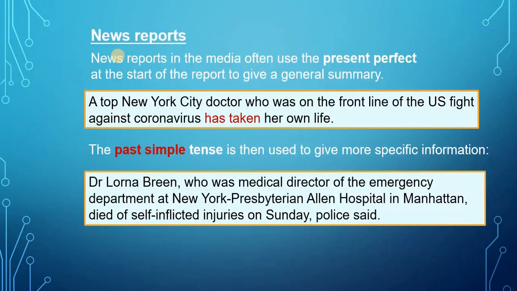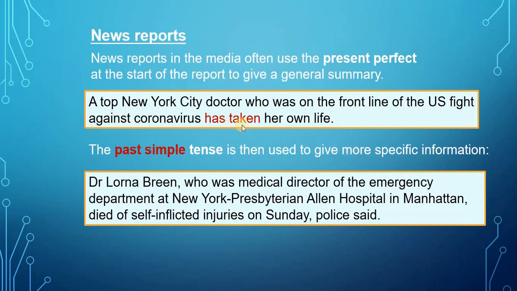News reports. News reports in the media often use the present perfect at the start of the report to give a general summary. Example: a top New York City doctor who was on the front line of the U.S. fight against coronavirus has taken her own life.